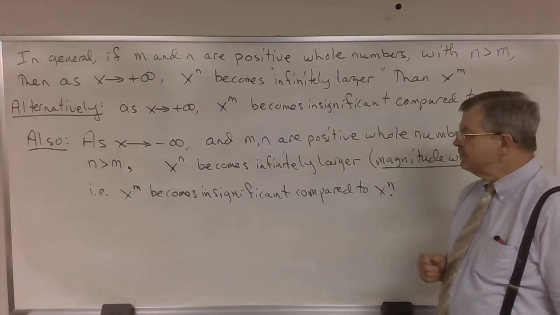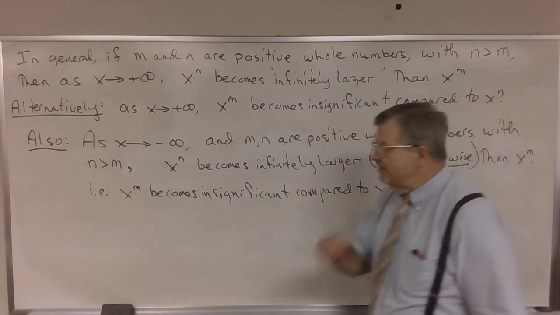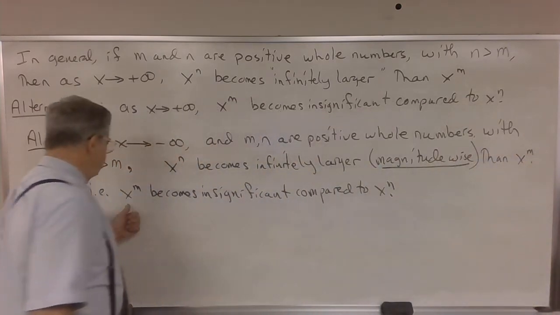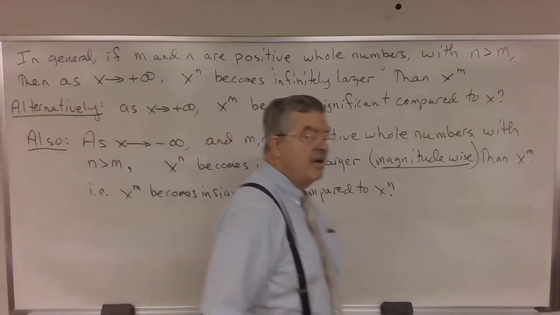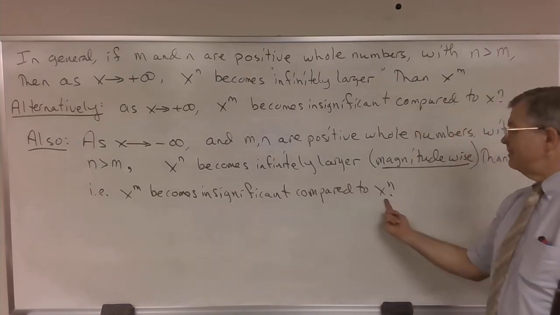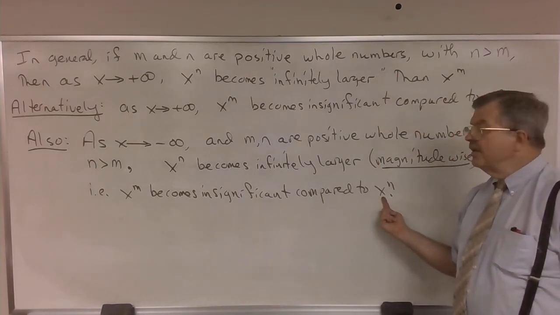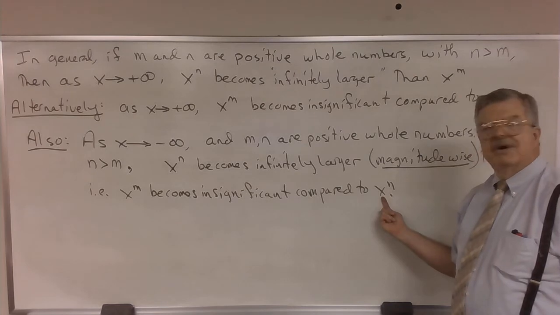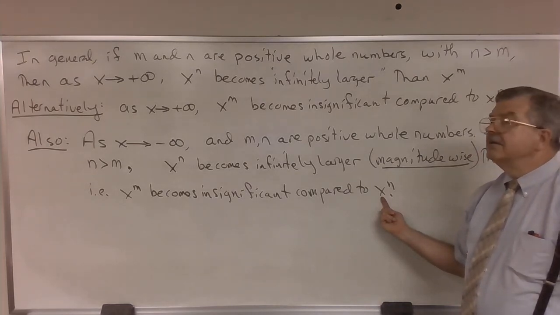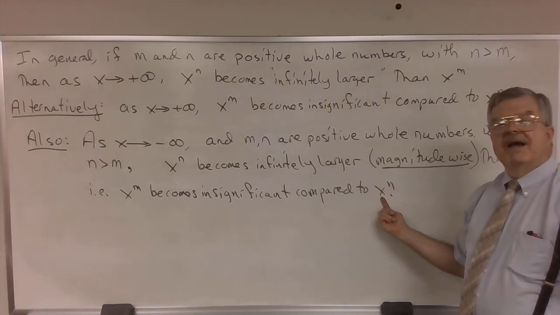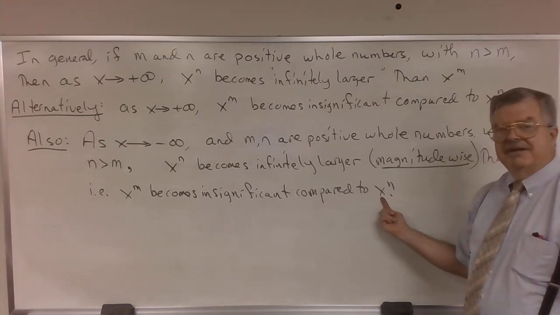Well, suppose in my bank account I had $1 trillion, positive $1 trillion in my bank account. But suppose that my debts and liabilities were negative 1 quintillion, negative 10 to the power of 18.